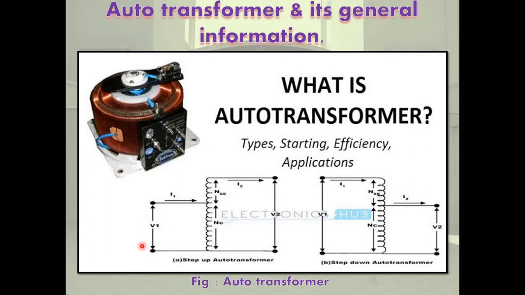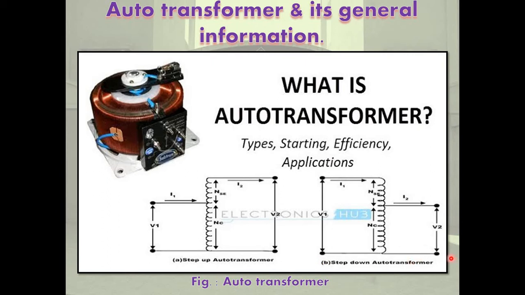This is V1 voltage, the primary voltage, and the secondary is V2. And these points vary this way. This is the number of turns NSE and this is the number of turns NC. Then this is a step down type transformer, with V1 voltage and V2 voltage as shown.